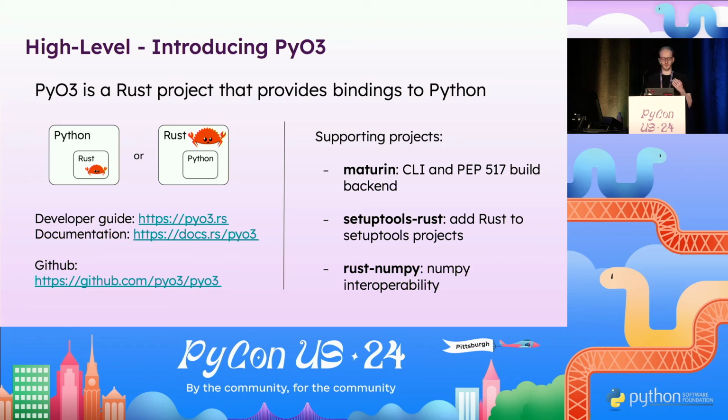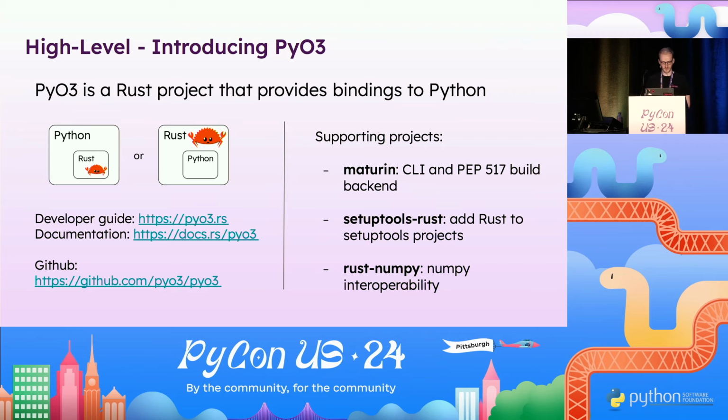And so Maturin can do the same thing for your mixed Python and Rust project. If you've got an existing project that you want to try adding some Rust to, you might alternatively look at setuptools-rust, which is a plugin for setuptools that gives you the opportunity to mix in Rust code to that too. And if you do a lot of matrix work, you might need to look at rust-numpy, which gives you matrix NumPy interoperability.